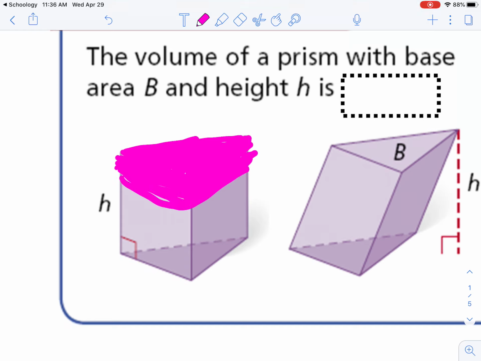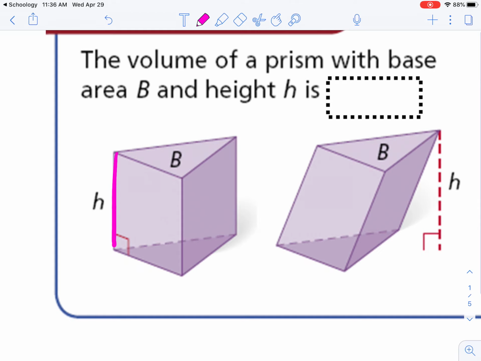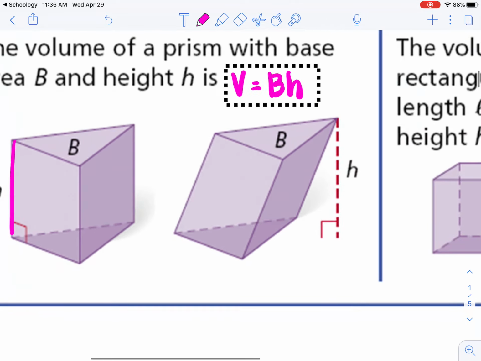You see that? So I would need to take the area of the base, which is what I started with, and then multiply that times the height, because that's how many there are in that figure technically. So the formula is pretty easy. It's volume equals area of the base times height.